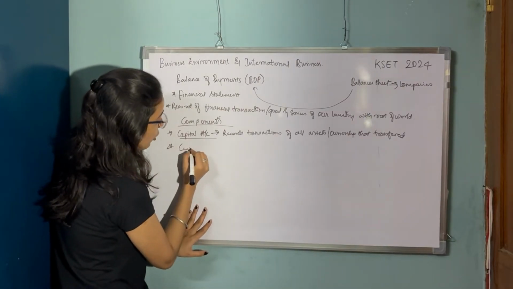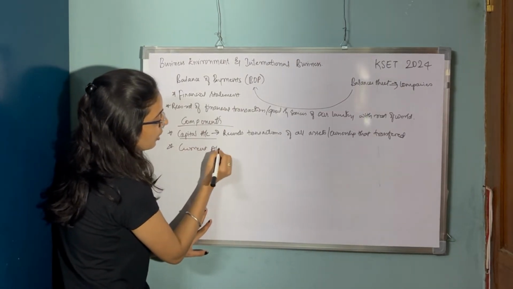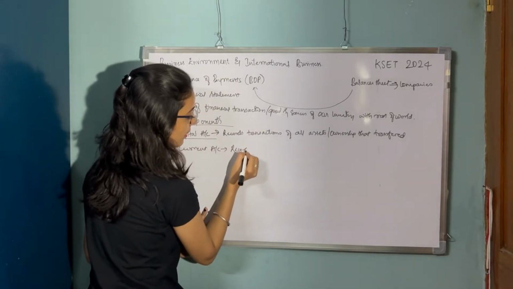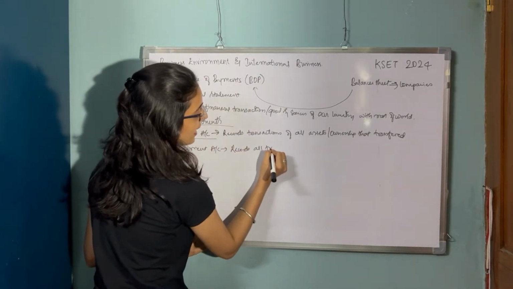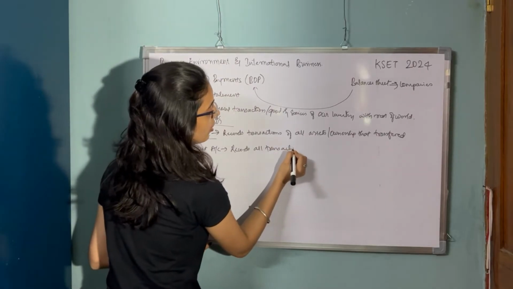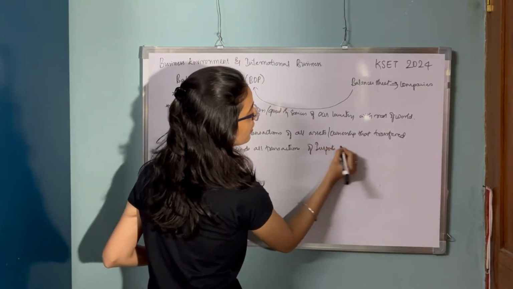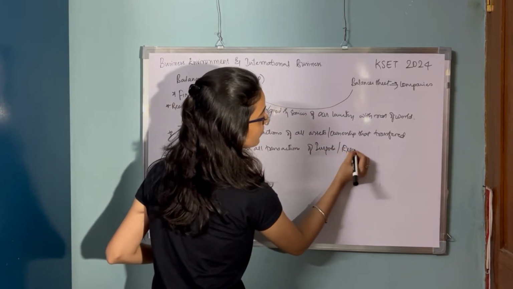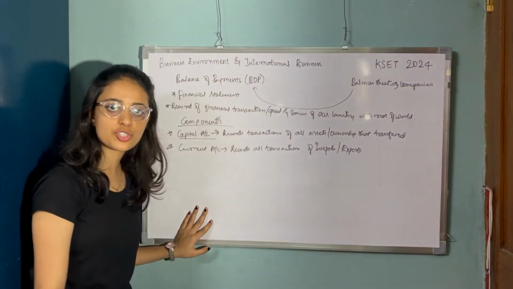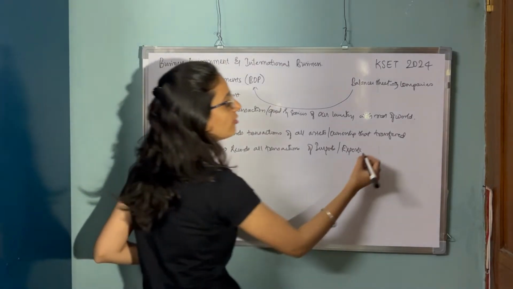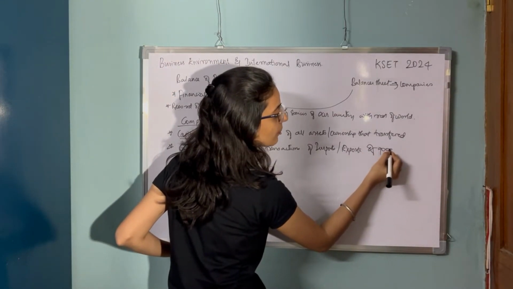Next, there's something called current account, which records all transactions of imports and exports. The transactions related to how much we are importing, how much we are exporting of goods and services.